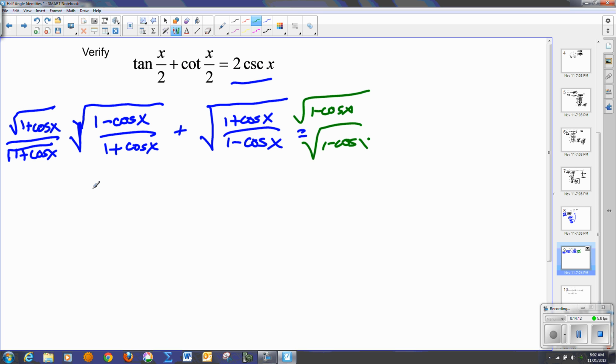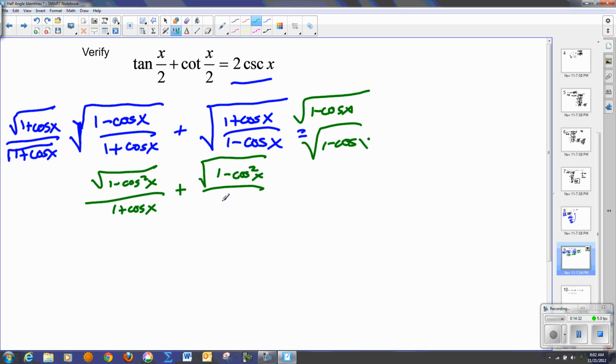In doing so, I get the root of 1 minus cosine squared of x over 1 plus cosine added to 1 minus cosine squared of x in the radical over 1 minus cosine of x. Both numerators actually get me sine squared of x.